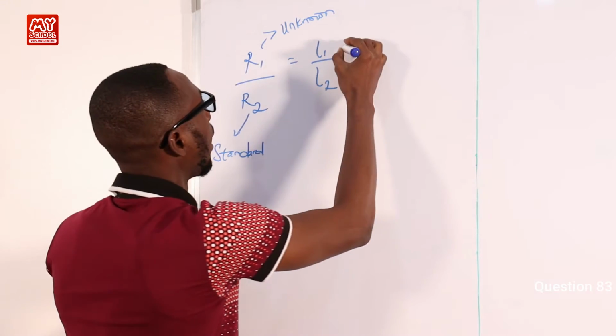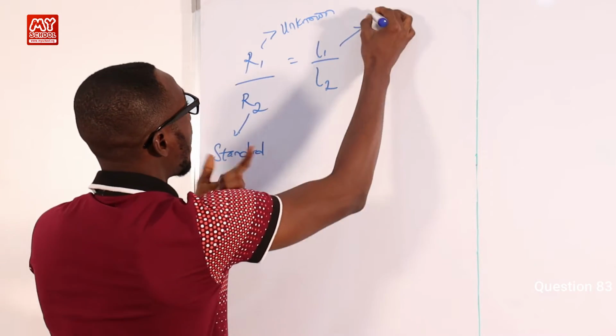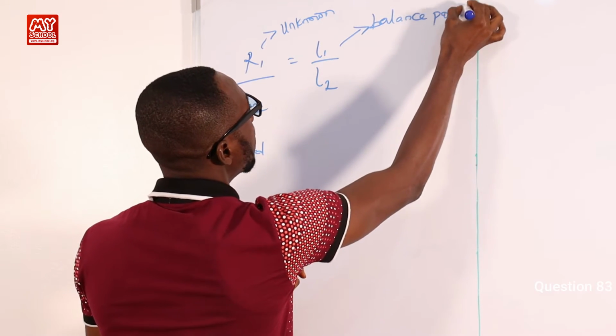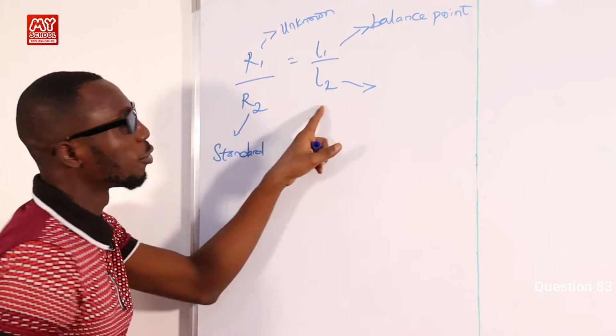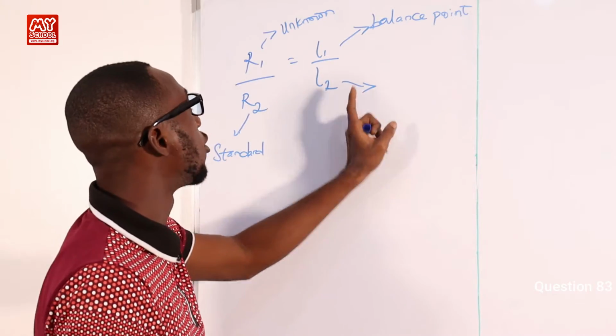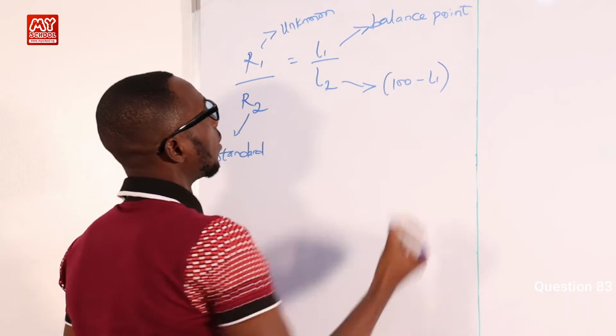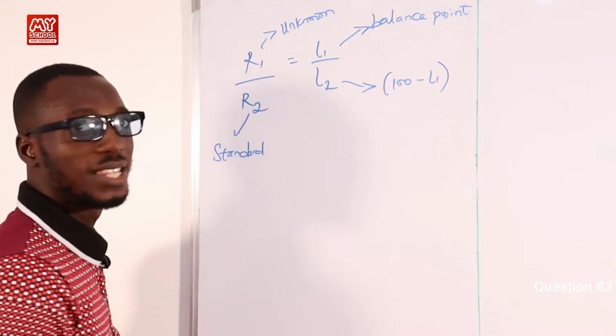This is from A, which is your balance point. This is where you get your balance point from. And this shows you the remaining distance, which is 100 minus L1. So let's slot this in.